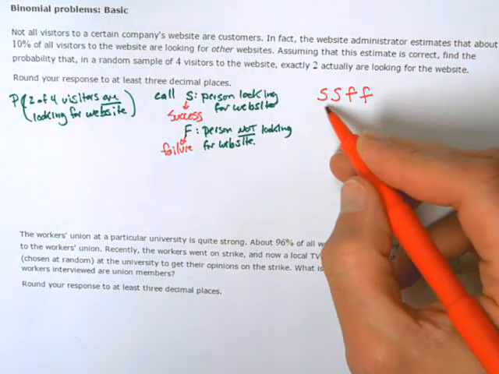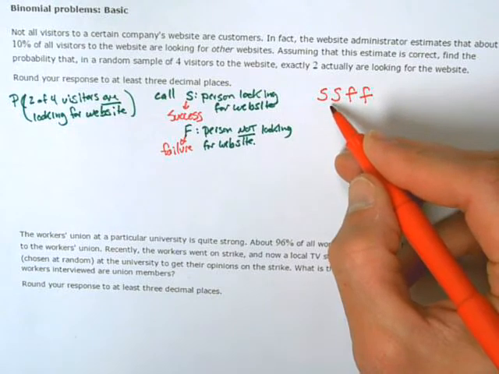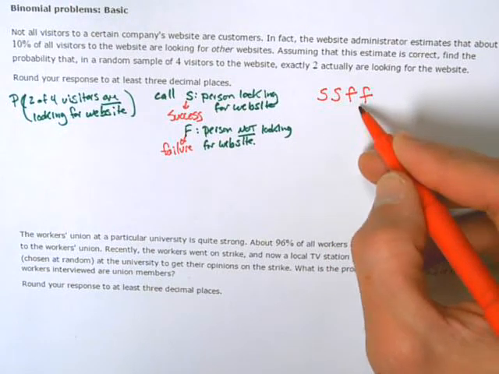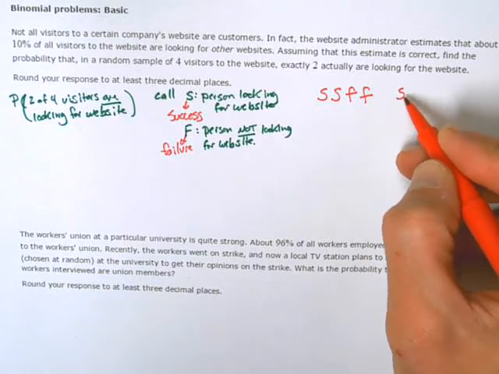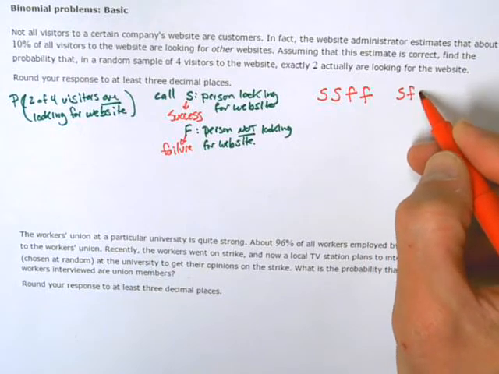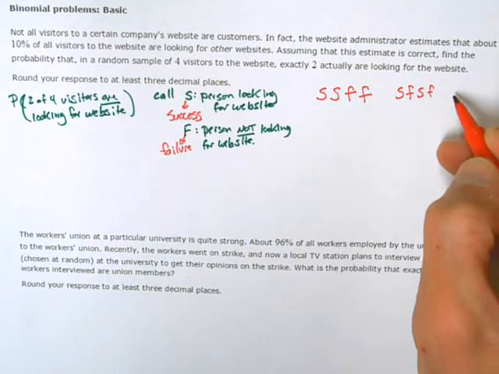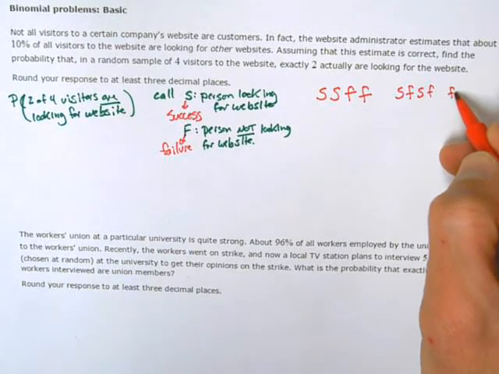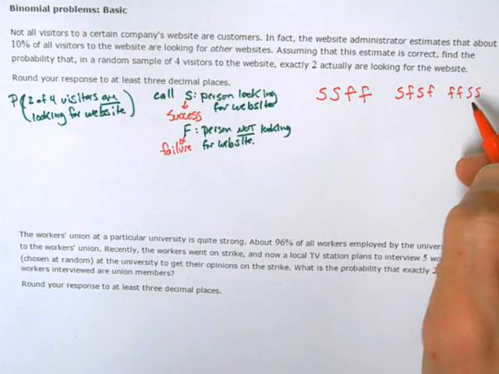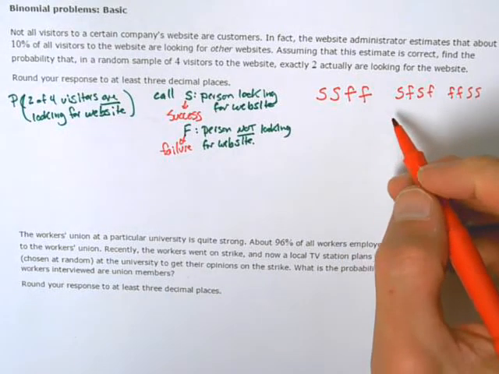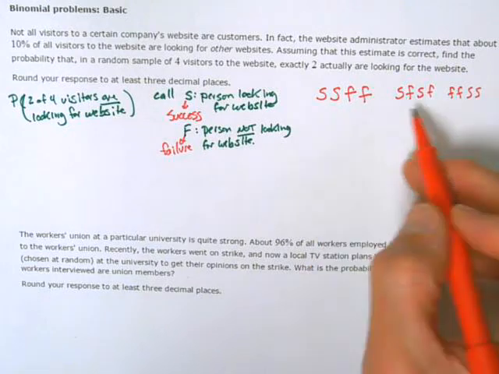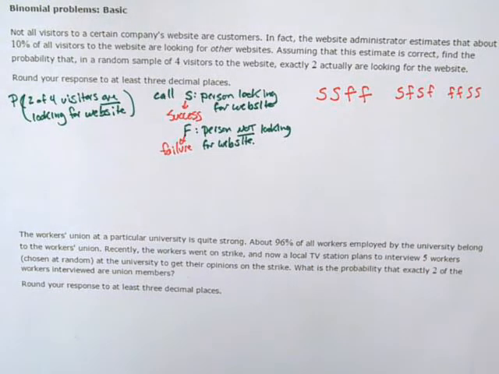It doesn't necessarily have to be that the first 2 people were successes and the second 2 were failures. It could be a success, a failure, a success, a failure, or a failure, failure, success, success, and so on and so forth. So there are lots of different permutations of how this could work out.